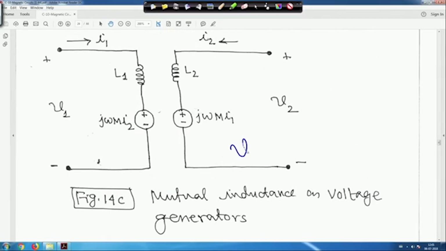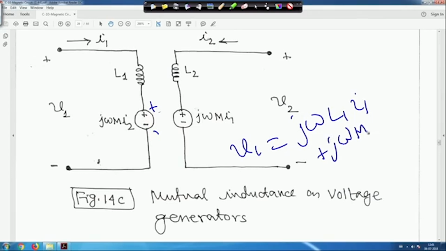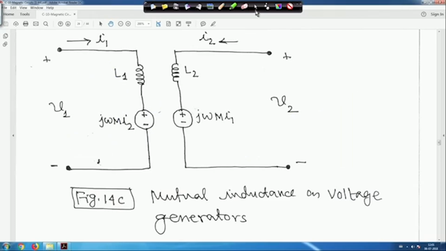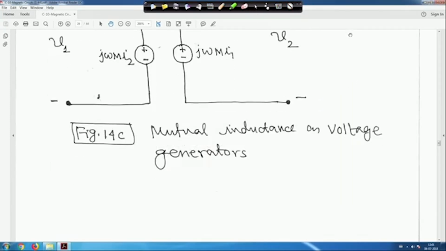For example, V1 is equal to j omega L1 I1, and this is an induced voltage due to the mutual coupling, so this voltage source is added here, plus j omega M I2, equal to V1. You are applying KVL here, right. Later we will take some problems and solve them, right.